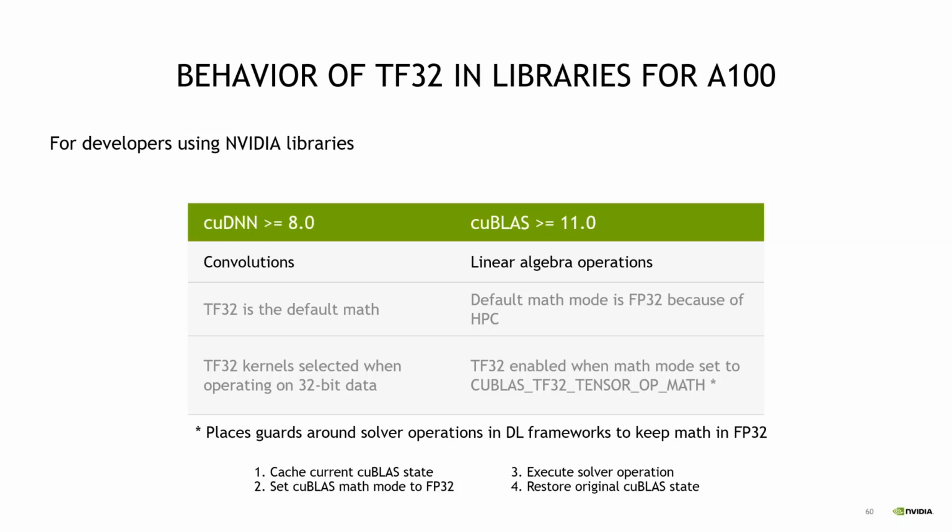In cuBLAS, a library for linear algebra operations for scientific research, you have floating point 32 mode by default due to the more precision required in HPC applications, and you can turn on TensorFloat32 mode with an environment variable.